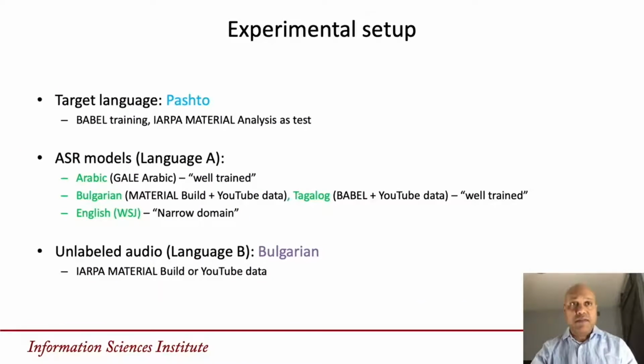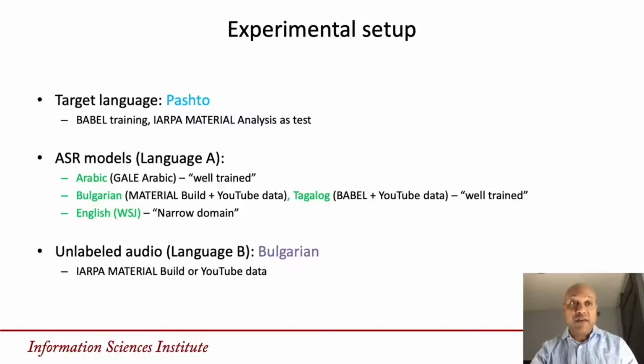Our experimental setup is as follows. The target language is Pashto. We use the Babel training data set for training, and the IARPA MATERIAL dataset as a test set. For the ASR models, we have models in Arabic, Bulgarian, Tagalog, and English. The Arabic model is trained using the GALE Arabic data, which is primarily broadcast news and broadcast conversation data.